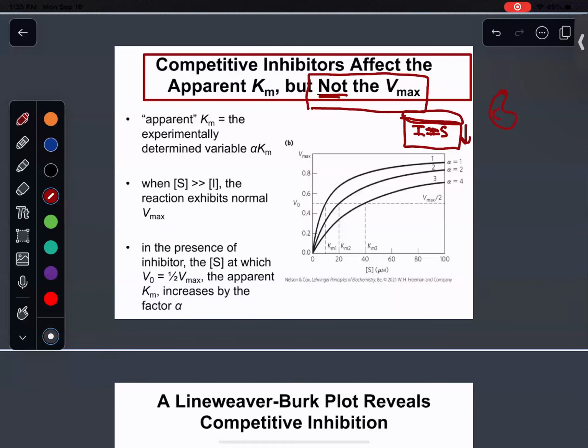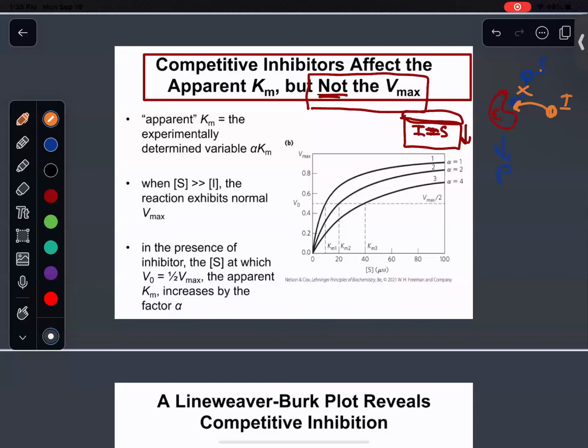Does that make sense? Here's the enzyme. Normally, we'd have the substrate come in, and then that would give us a product. But in the case of inhibitors, if we have an inhibitor come in, we block that active site, and now the substrate cannot come in.